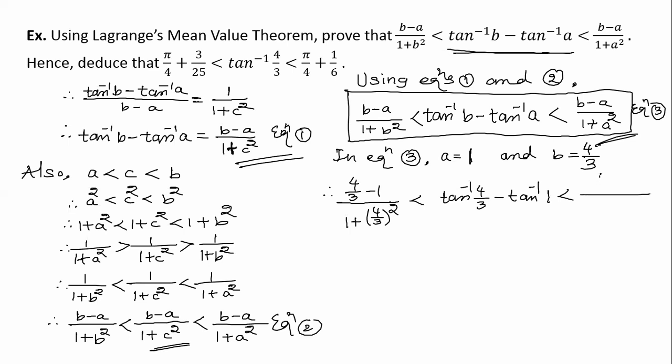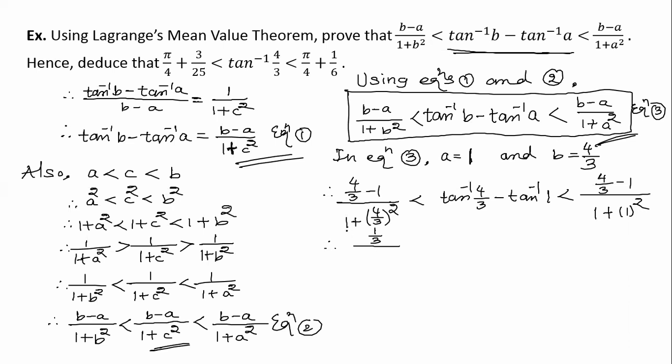That will be again 4 by 3 minus 1 divided by 1 plus 1 square. So this is very much straightforward. So please help me. The numerator 4 by 3 minus 1 will be 1 upon 3. Very good.